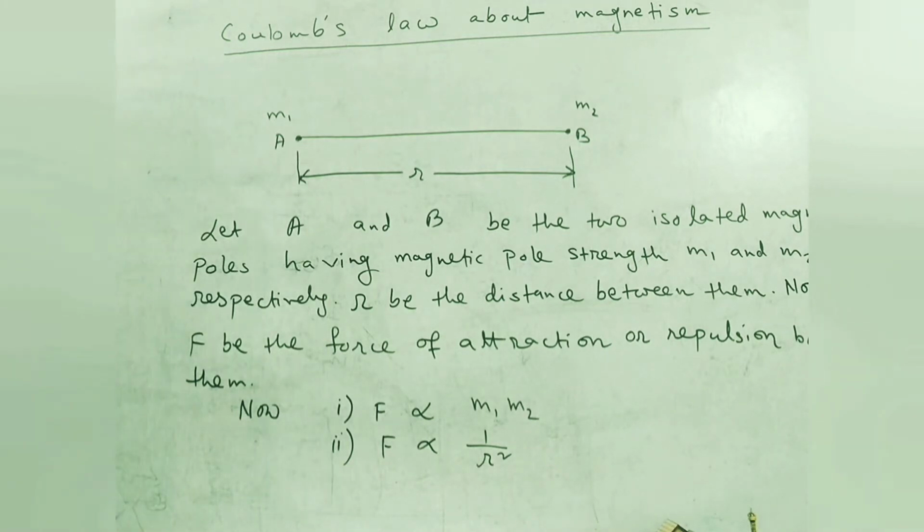If the distance between them is increased, then the force between them will decrease. Therefore, mathematically we can write first F proportional to M1 M2, and second F proportional to 1 by r square.